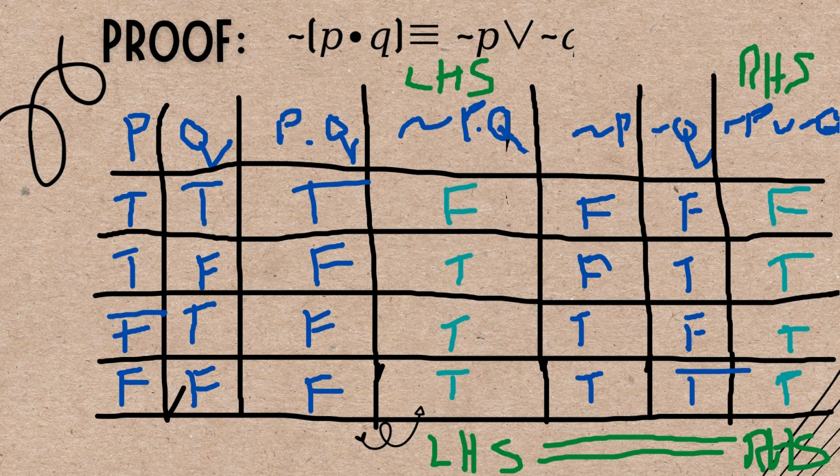We have P and Q as standard values, then take the left hand side and right hand side, and we prove that the left hand side is equal to the right hand side, as we did in the previous problems. We solve the LHS, negation of (P conjunction Q), and the RHS, negation P disjunction negation Q. By solving, we get the values F, T, T, T. So the LHS is equal to the RHS, and that's why the first rule is valid.